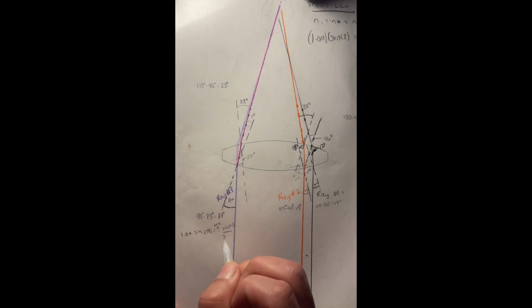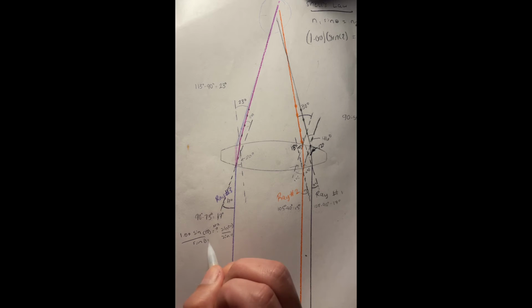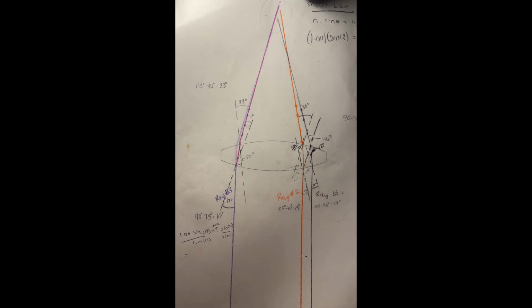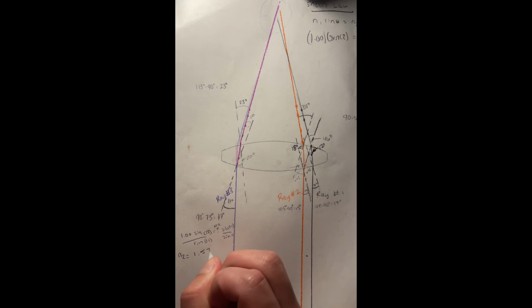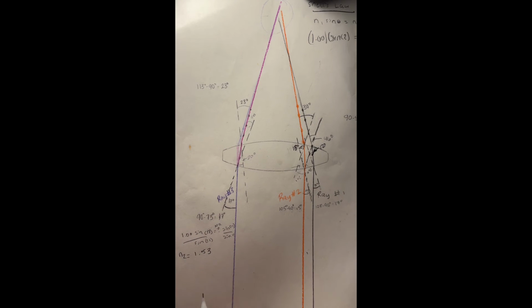So we'll divide by sine of 11, and we should get around 1.53. And that makes sense because in our demonstration the prism is made out of glass, and that's around the index of refraction of glass.